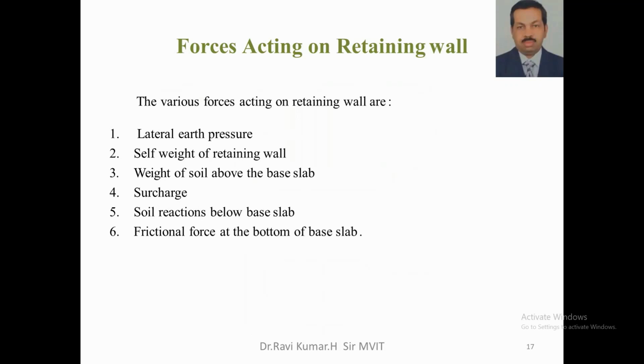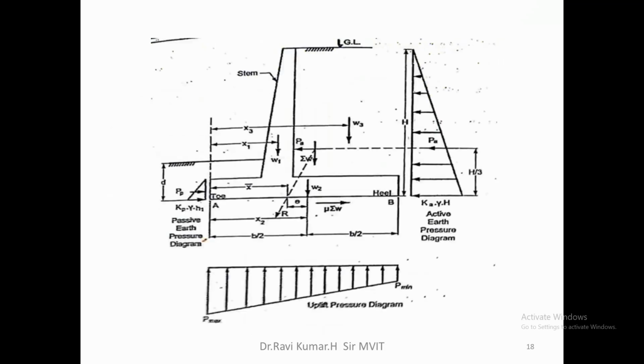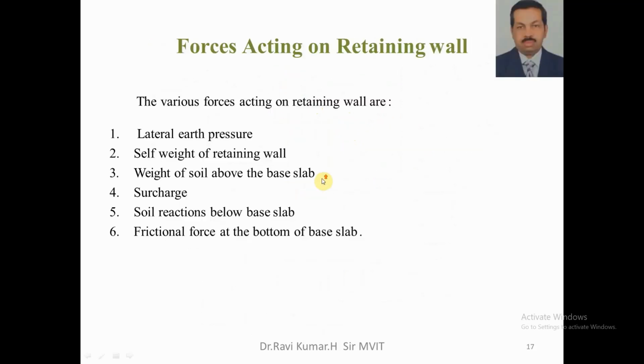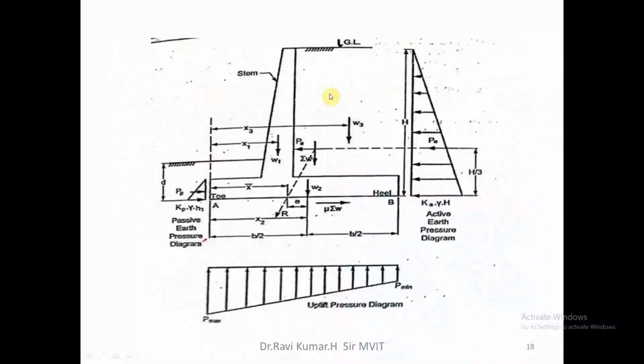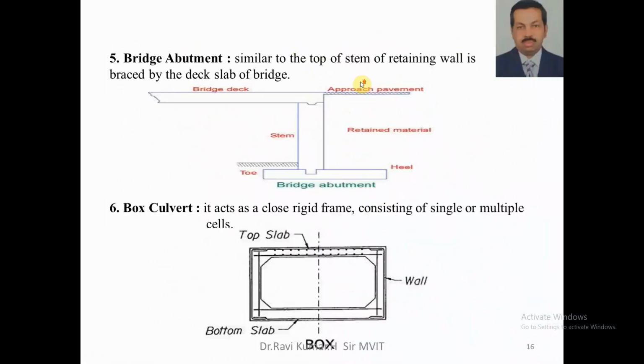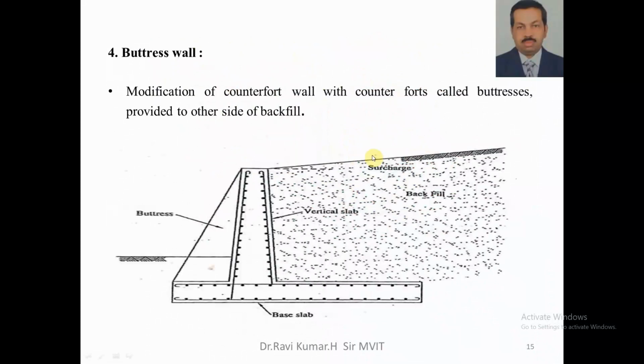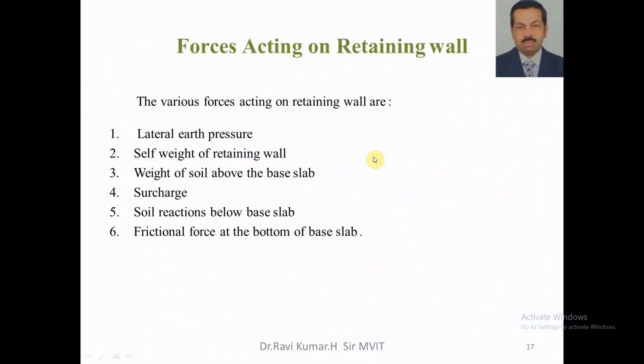Now coming to the pictorial presentation. This is the soil earth pressure, the self weight acting W1 and W2, and the surcharge is nothing but, if the angle of inclination is more, it's called surcharge, we get the load. In the same way, soil reaction is called upward pressure, then the frictional forces.